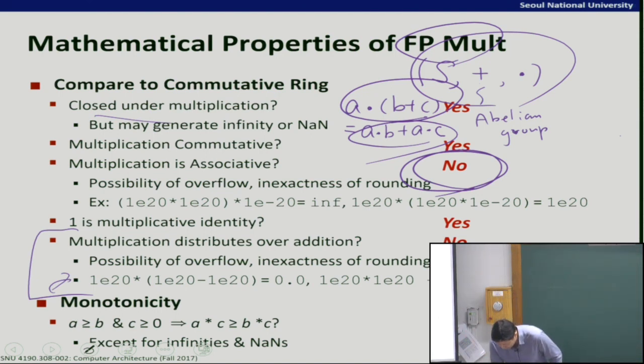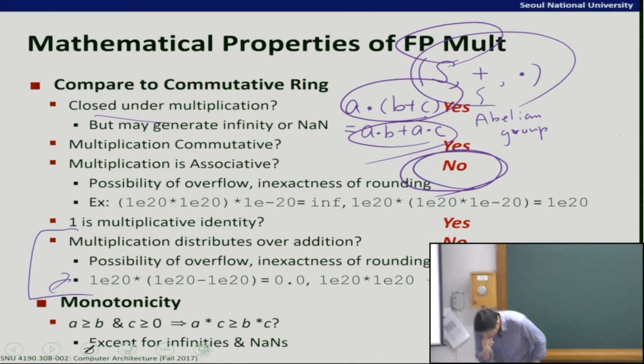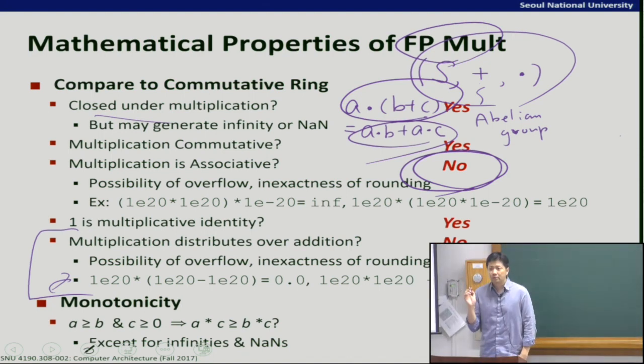If you think about this case, we have very large numbers, 10 to the power of 20, and we multiply it by 10 to the power of 20 minus 10 to the power of 20. In this case, the terms cancel each other out and become 0, right? So eventually, if you multiply this number by 0, the answer will be 0.